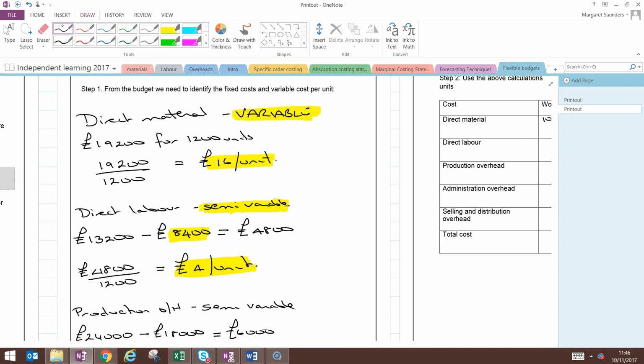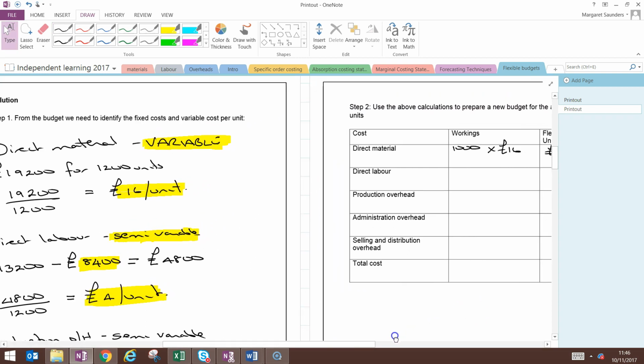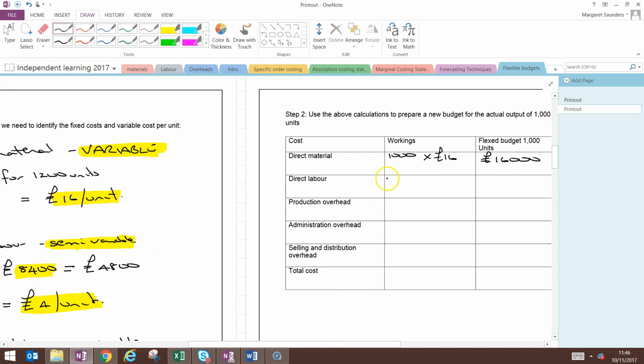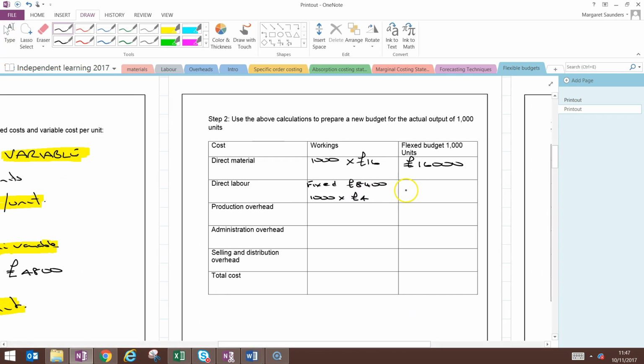So for 1,000 units, our labour will be the fixed part of 8,400 and the variable part of 1,000 units times £4. So our budget figure for direct labour will be £12,400.